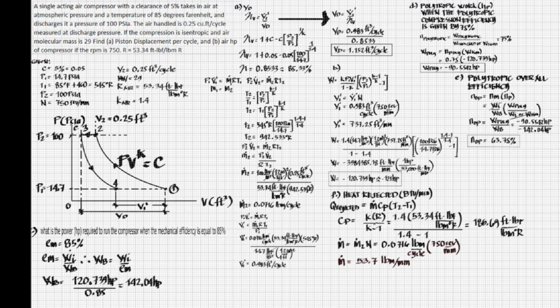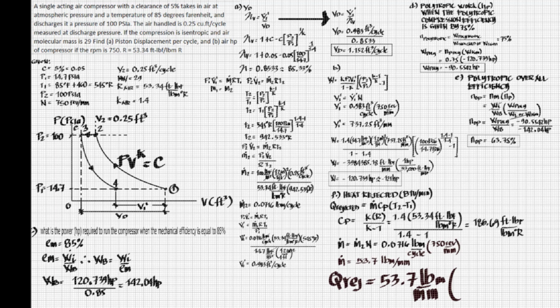Now, to solve the heat rejected, we are completely good to go now. We already have all the values. We are able to solve the value Q rejected. So, for my Q rejected, that will be 53.7 pound mass per minute.